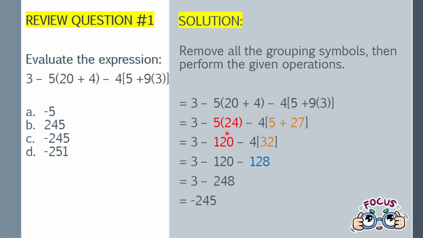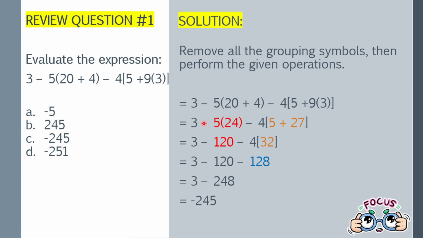Okay, so from there, now we can add 5 plus 27 inside the bracket. There's still a grouping symbol, the bracket. So 5 plus 27 is 32. Then we can now do also the 5 times 24, which is 120.